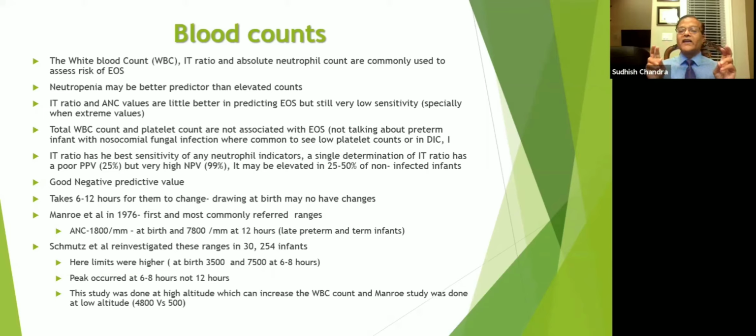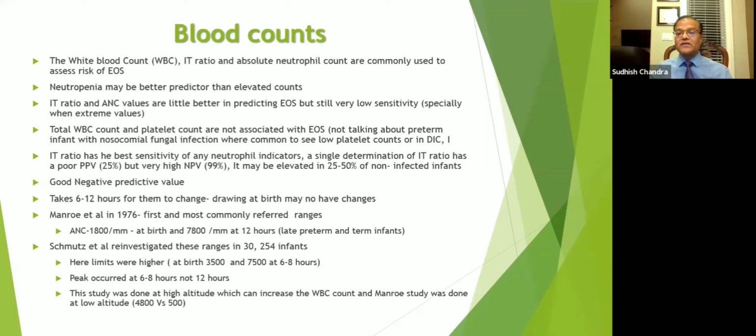The normal IT ratio or the cutoff is taken as 0.2. Sometimes if you go into a little bit detail and read those papers, then you will see the 90th percentile in term infant is 0.27. But for practical purposes, 0.2 of IT ratio is taken as significant.